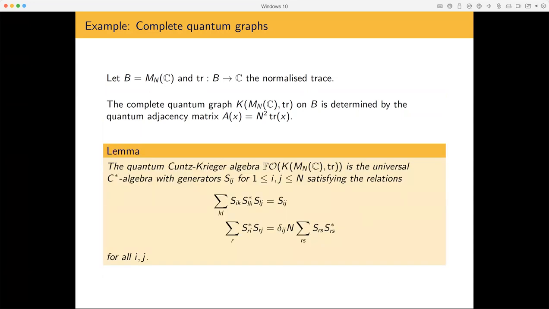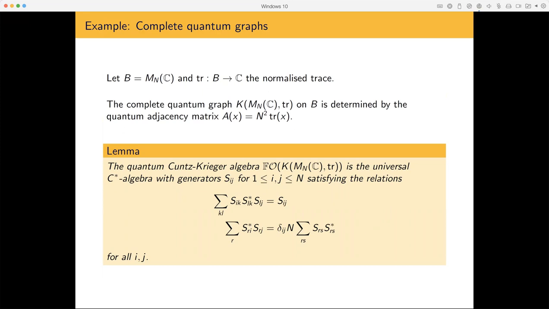Again, if you write out what this algebra is, you get an explicit description in terms of generators and relations. The first relation is unchanged. It's saying that we're looking at the universal algebra generated by a matrix partial isometry. But the second condition, the Cuntz-Krieger relation, changes because we're looking at a different adjacency matrix.